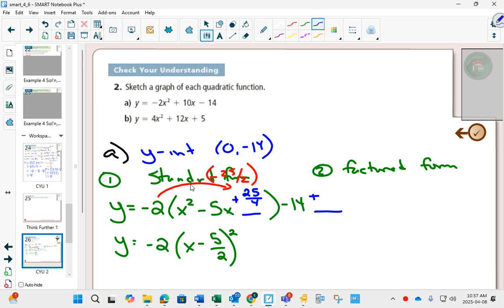So to compensate, I would have to add 25 over 2. When that minus 2 hits the plus 25 over 4, it becomes negative 25 over 2. So to compensate, I have to add 25 over 2. And I get a common denominator, negative 28 over 2 plus 25 will give me negative 3 over 2.